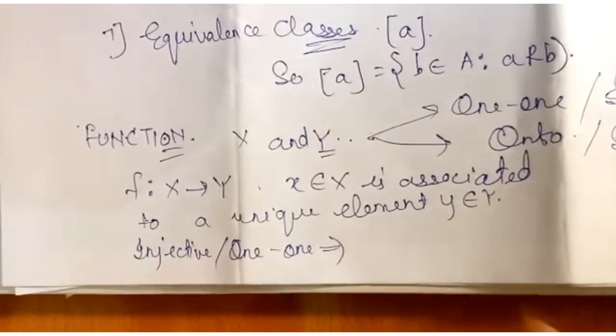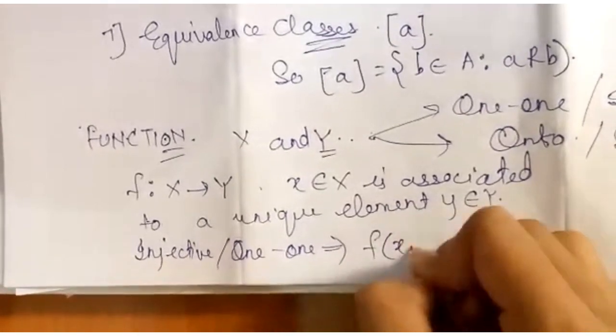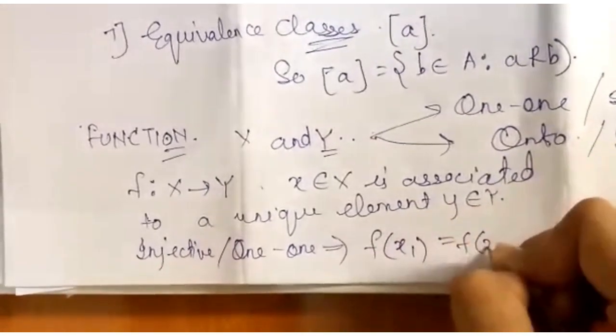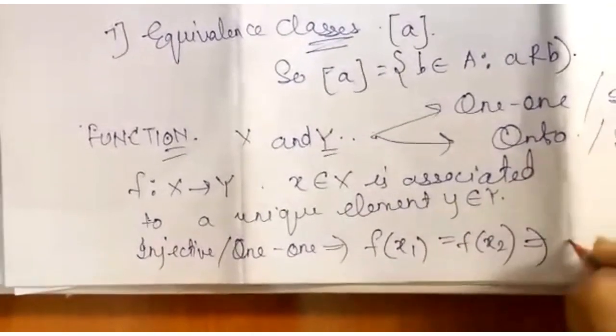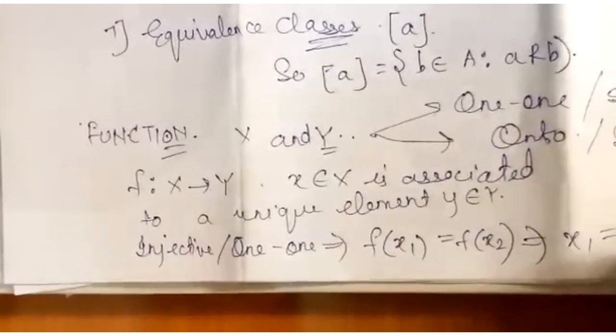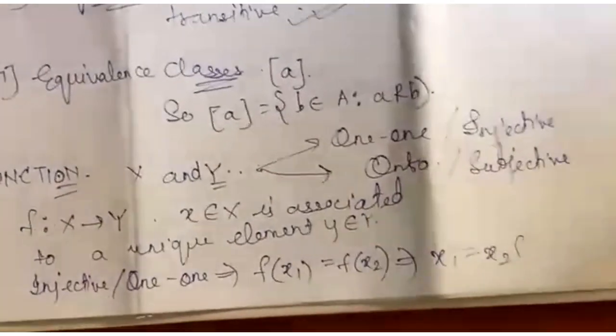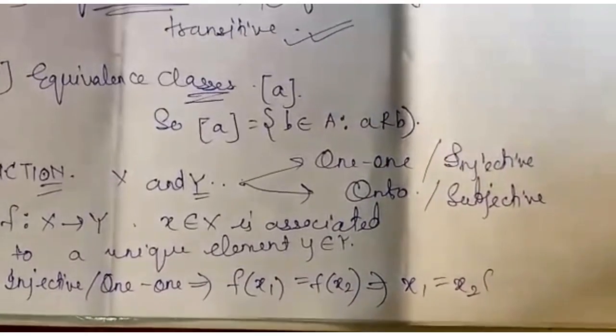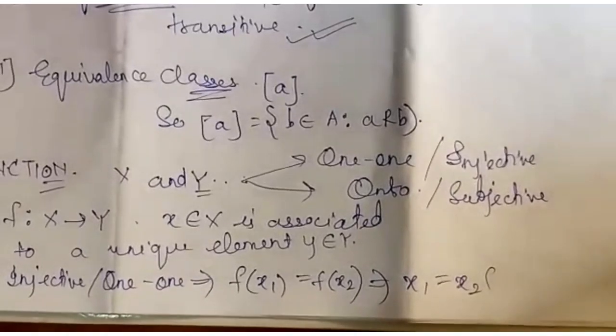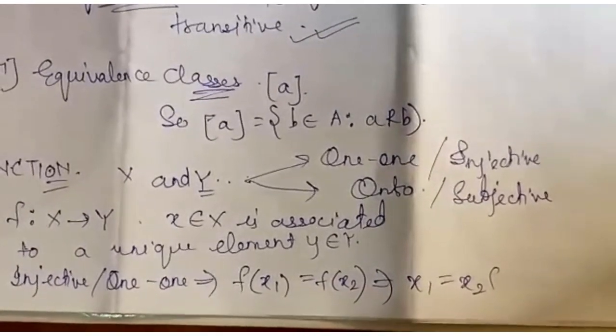Thus f is 1-1, that is, if f of x1 is equal to f of x2 implies x1 is equal to x2 for all x1, x2 belonging to x. So this was the 1-1 function.